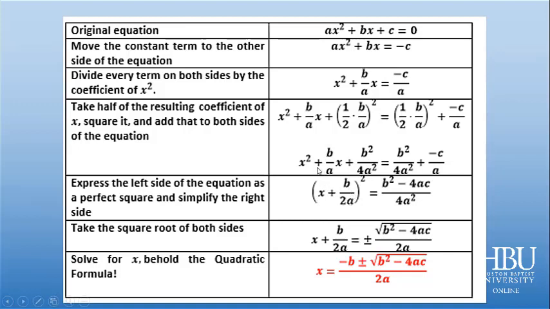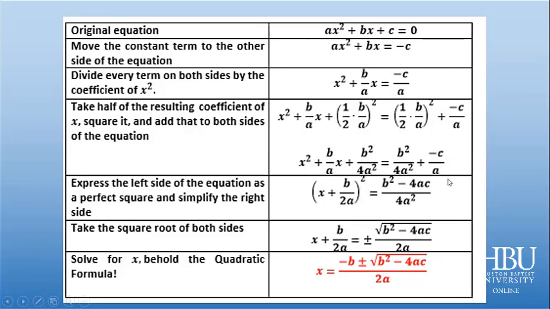The middle sign is a plus sign, so we want a plus sign here, and it's this quantity squared. x plus b over 2a squared would be x plus b over 2a times x plus b over 2a. If you FOIL that and check it out, you'll see that you do get x squared plus b over a times x plus b squared over 4a squared.